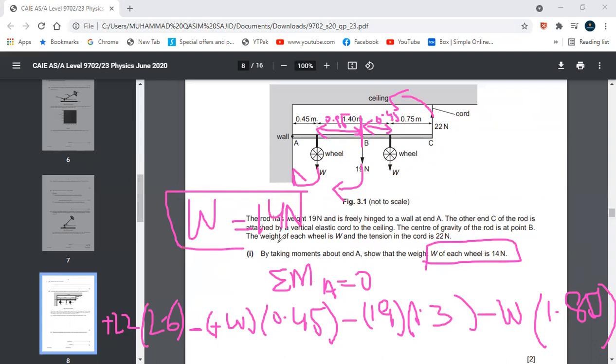Is this clear or not? Yes, since it equals 0. Yes, it equals 0. And then by using the simplification method, we find the value of W. Is this clear or not? Just let me copy. Yes, yes. I'm giving you 1 minute, copy it. Yes, done.